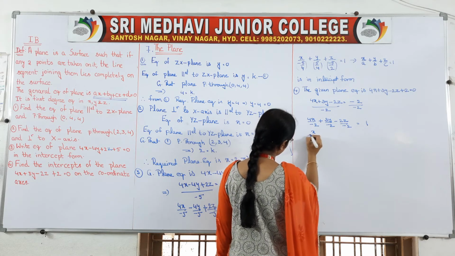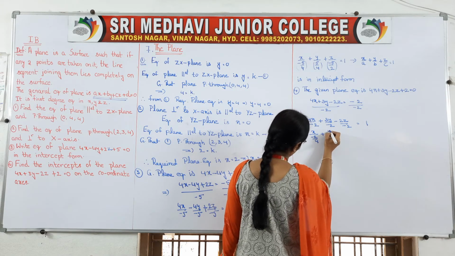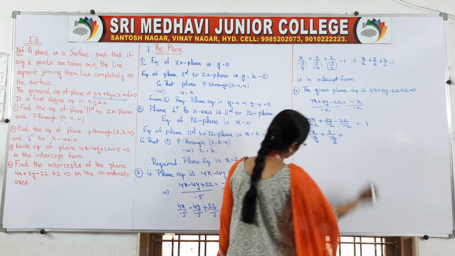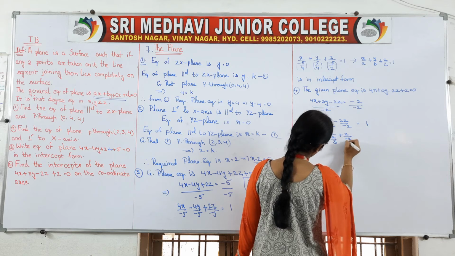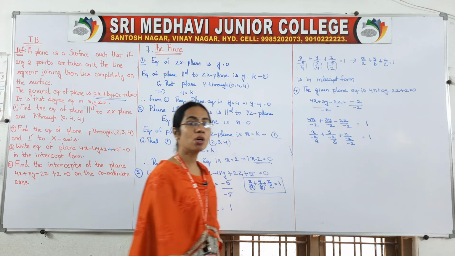So here it is x by minus 2 by 4 plus y by minus 2 by 3, plus z by minus 2 by minus 2 is equal to 1.